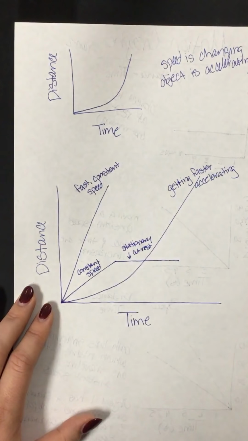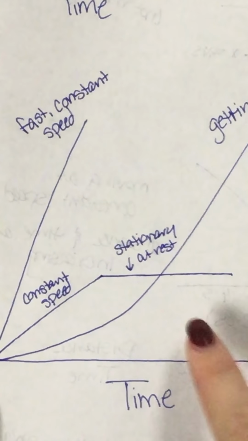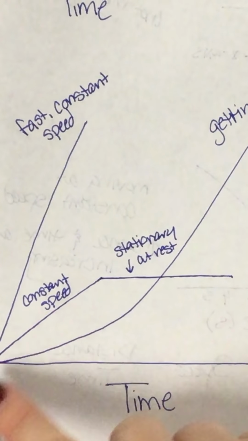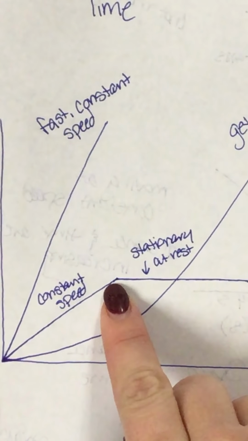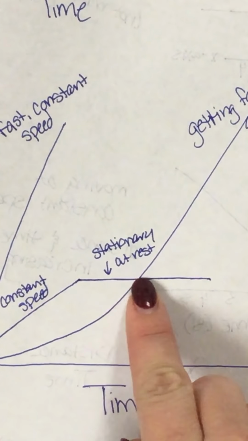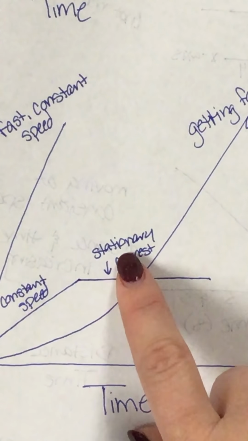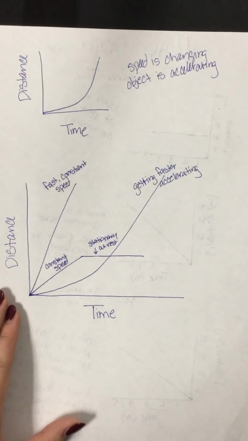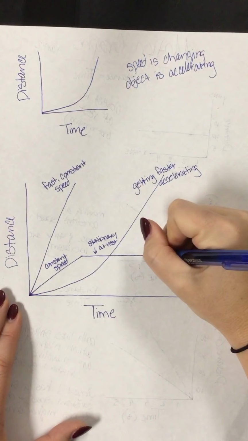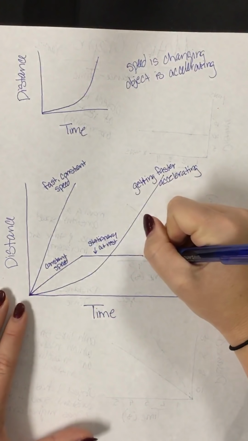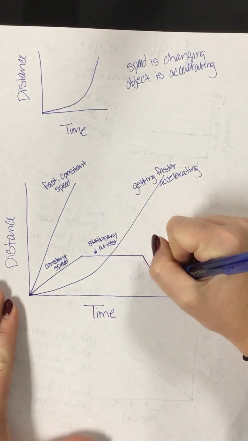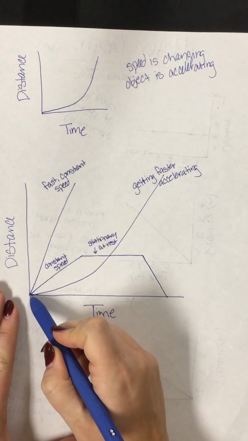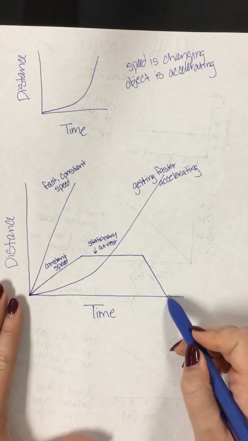Try to become familiar with as much of this vocabulary as possible, because you never know how they're going to label it. So our straight line is constant speed. Then our straight horizontal line means our distance is not changing. We are stationary or at rest. Then it's time to go home. So you take your distance. Remember, this is how far you traveled. And then you go back to the starting point, which was your house, because this is distance.